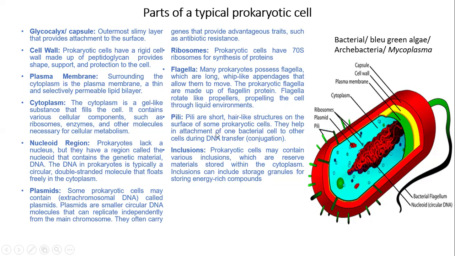They help in attachment of one bacterial cell to another during DNA transfer or conjugation. Conjugation is a type of sexual reproduction. Reproduction in bacteria takes place through fission, as well as sometimes by conjugation. And the inclusions are reserved food materials within the cytoplasm, known as cell inclusions.